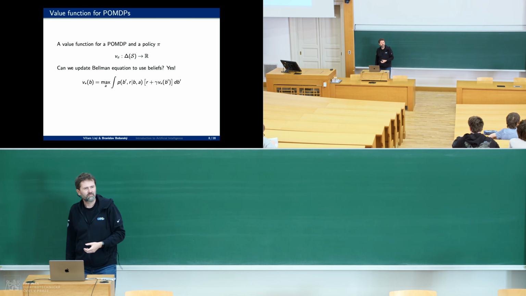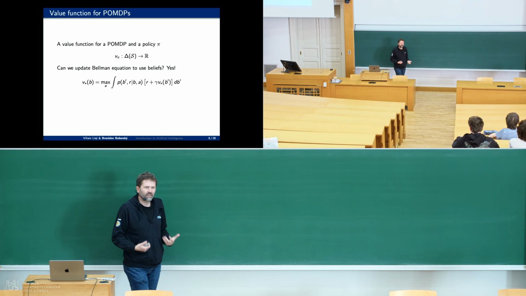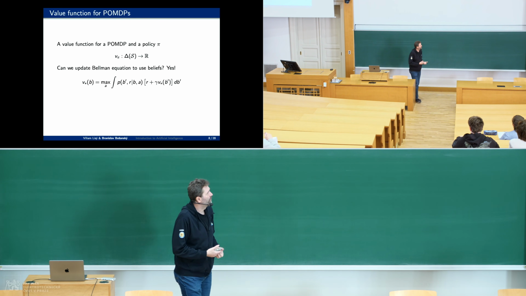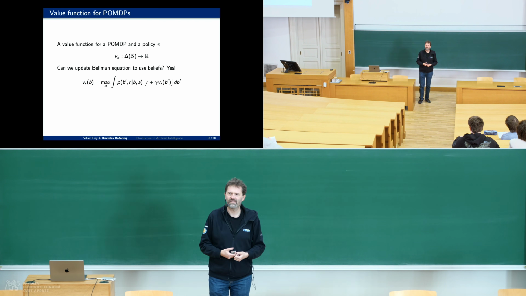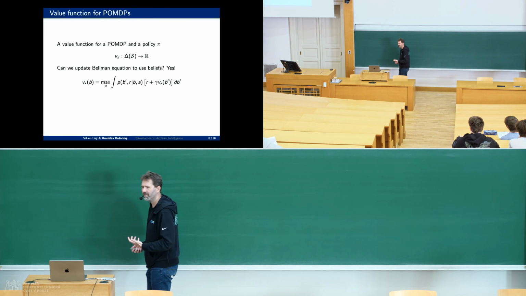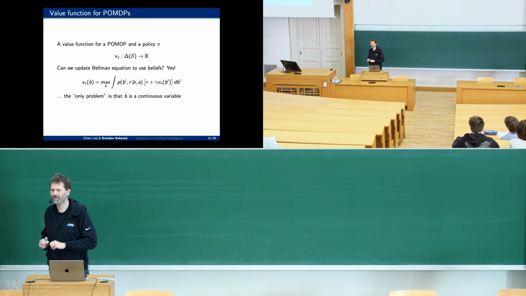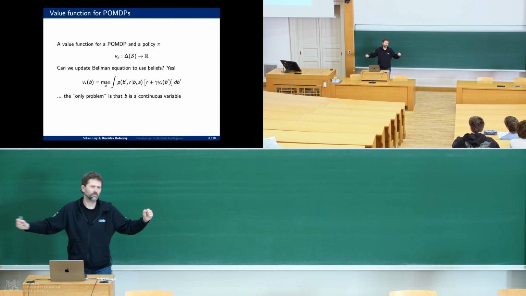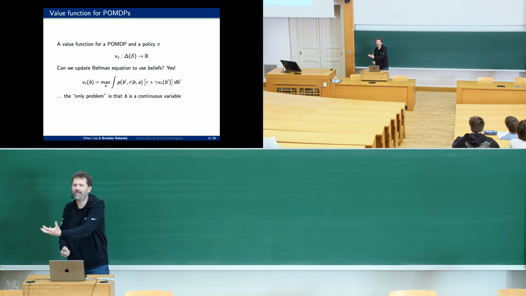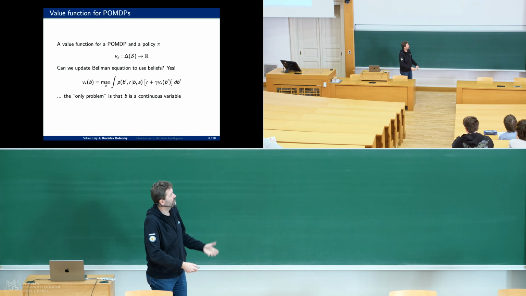So we can write down the Bellman equation also for POMDPs in a very similar way as we did for MDPs. The only problem, quote unquote, is that we are in the continuous space, because we cannot enumerate all the possible belief points.